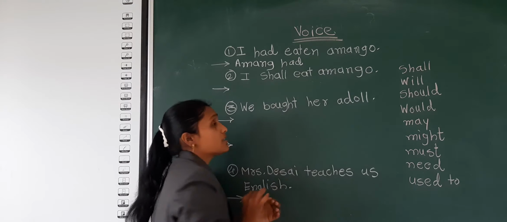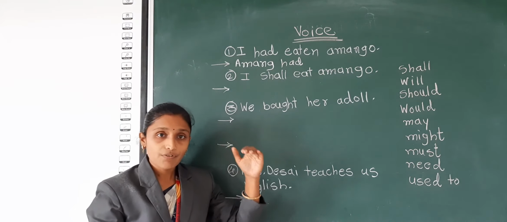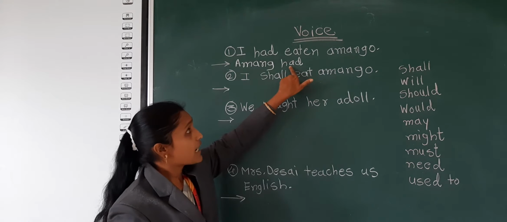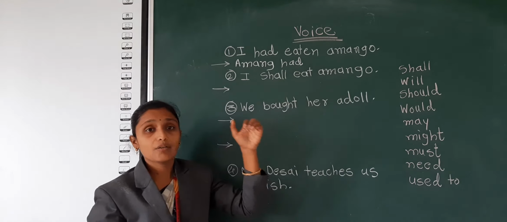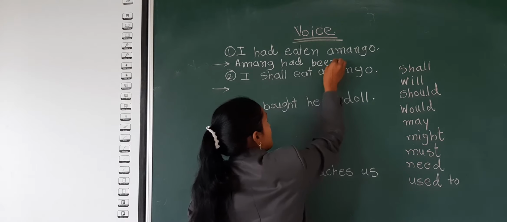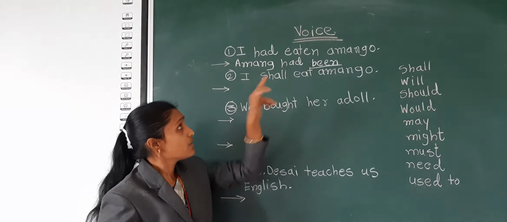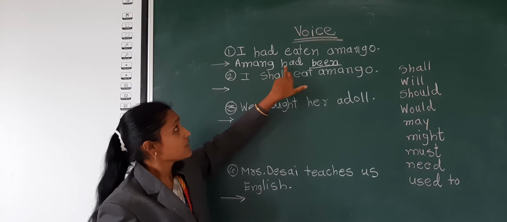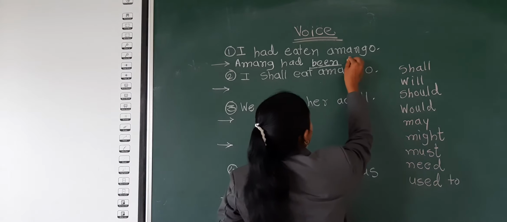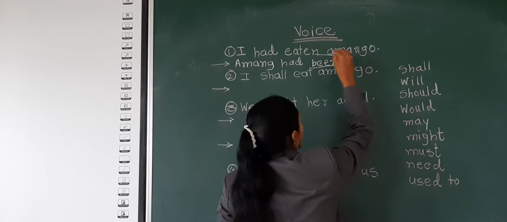Whenever a perfect tense is given, with verbs like eaten, gone, that type, at that time after had we use the form "been," B-E-E-N. So first the object, then had, then been, and then the PP form, which is already given here, so as it is you copy down "eaten."